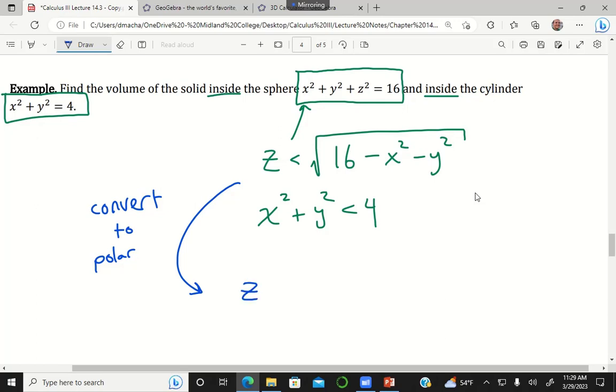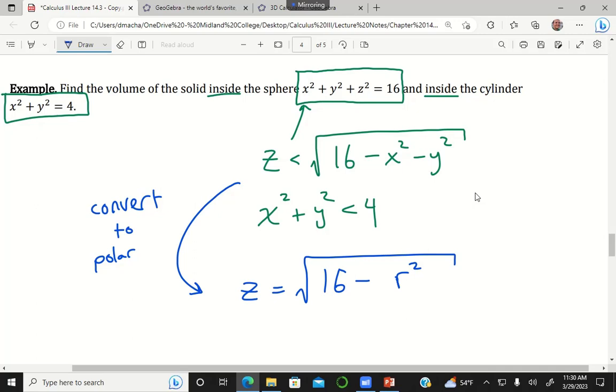So in this case, my surface is going to be z equals the square root of 16 minus what? r squared, yeah. Because r squared is equal to x squared plus y squared. That was the first conversion formula I showed you on the previous page.